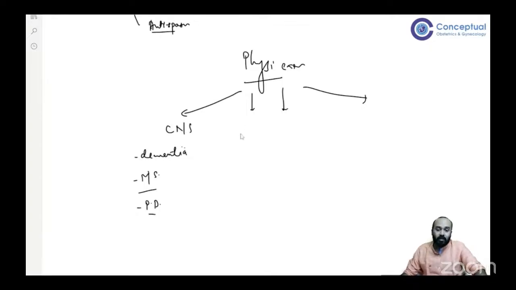Next, I'll be seeing her cardiovascular system. Why cardiovascular system? Because if she has a history of IHD, that is ischemic heart disease, it will lead me to think that she has had atherosclerosis in the heart. Very likely that even the vessels that are supplying the detrusor are going to have atherosclerosis. Apart from that, if she has any vasculitis or vascular diseases.